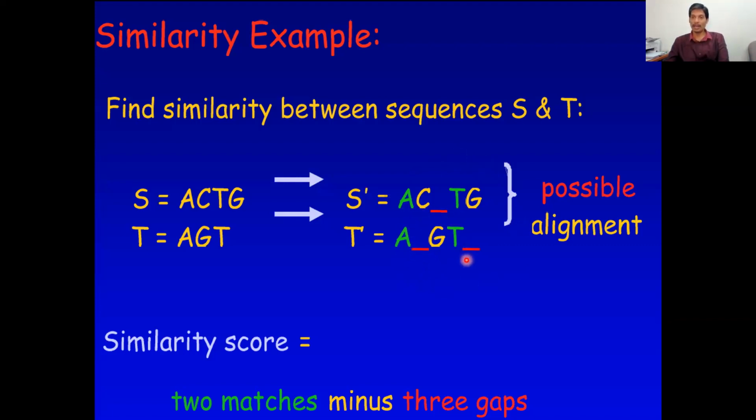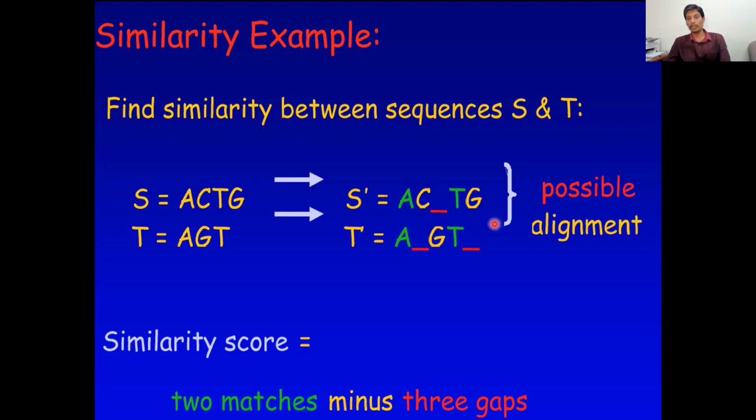Or you give matches as plus two, indels as minus one. So A to A is plus two, T to T is plus two. That means the score for the matches is plus four. Mismatches score minus one, minus one, minus one, which is minus three.